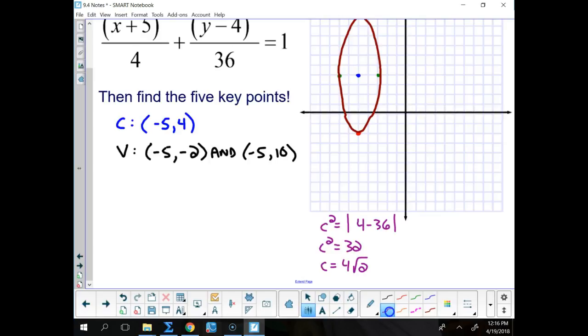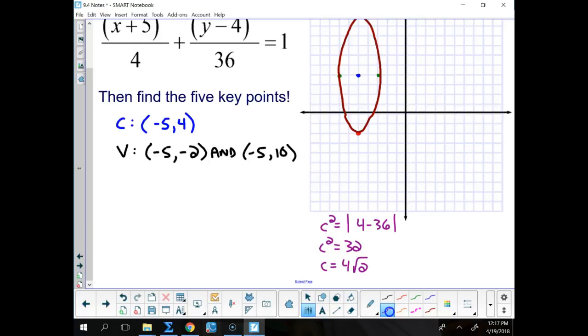Maddie, how's it going? Good? Not really? Okay. Do you know where the major axis is? Up and down, right? So that means that my foci are on that, right? So am I going to add that 4 square roots of 2 to the x part or to the y part?